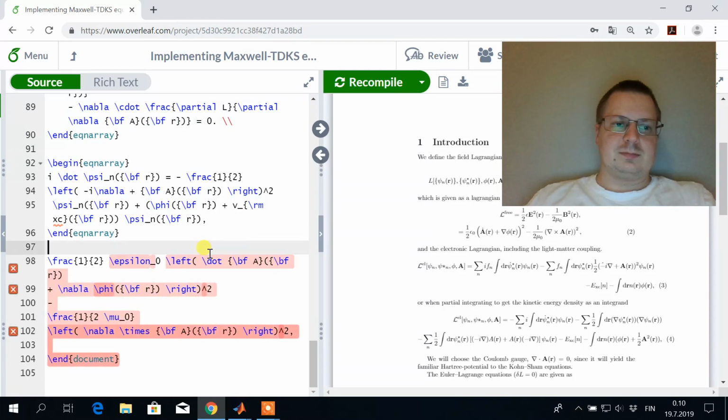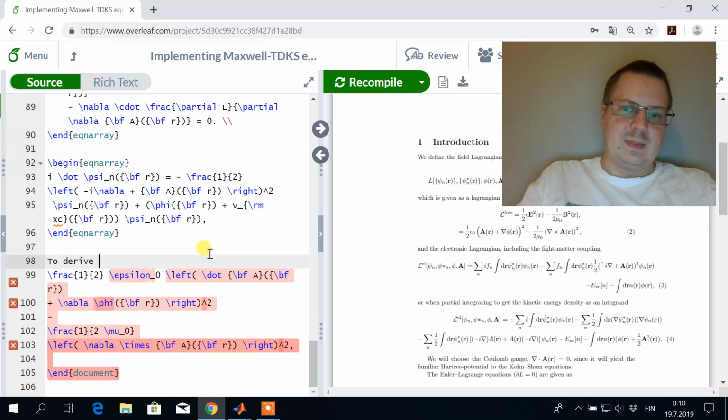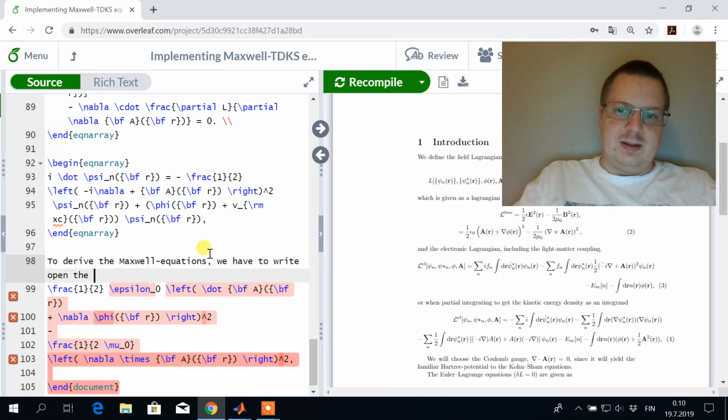So let's say to derive the Maxwell equations, we have to write open the free field Lagrangian.